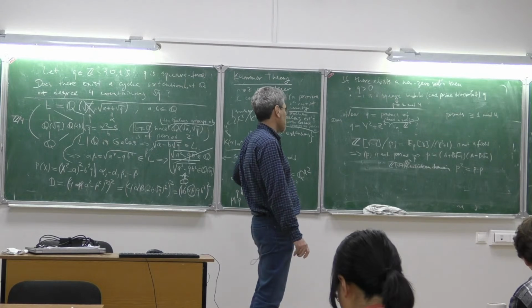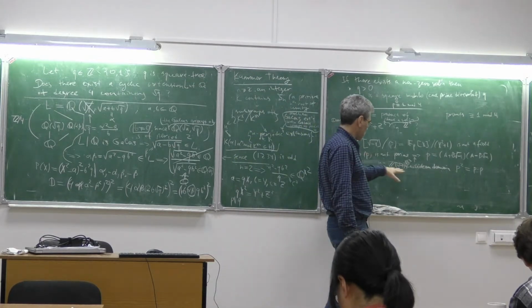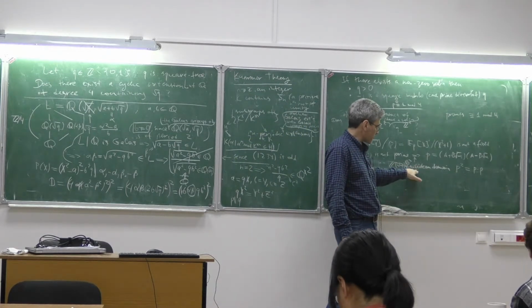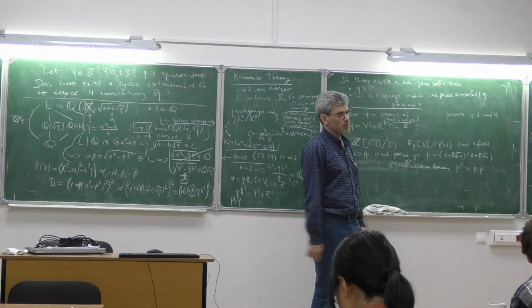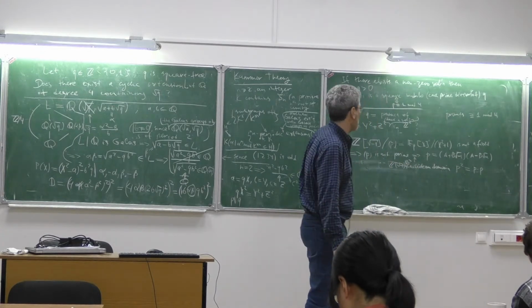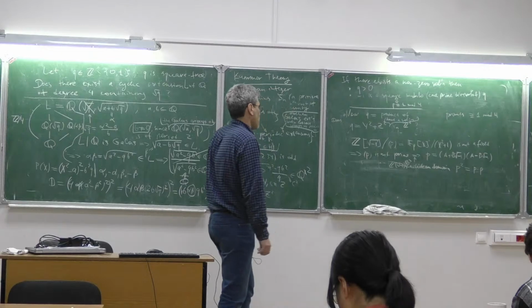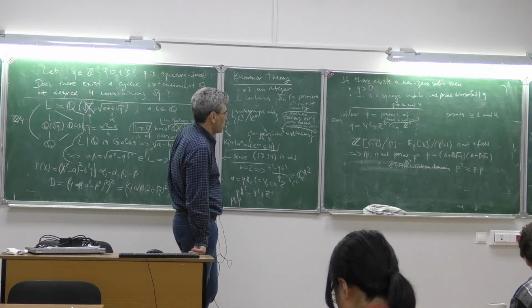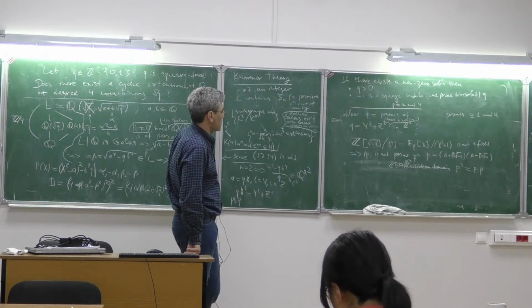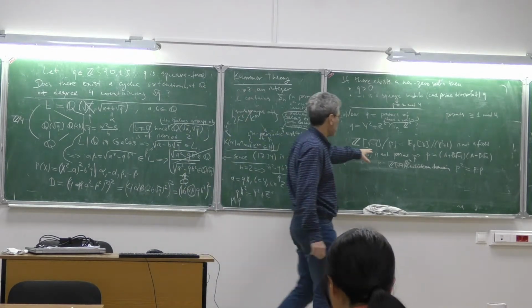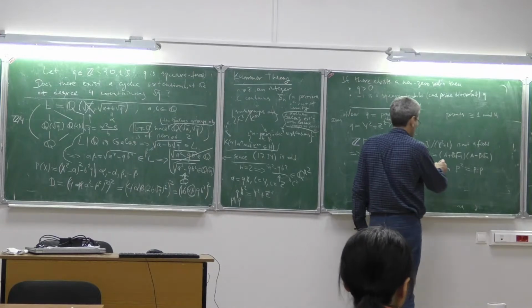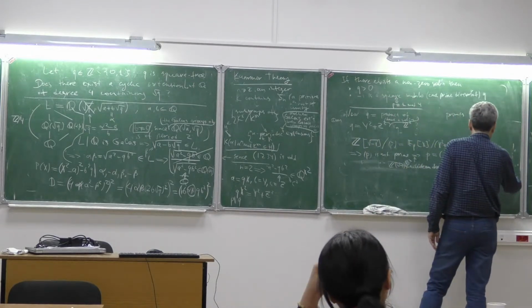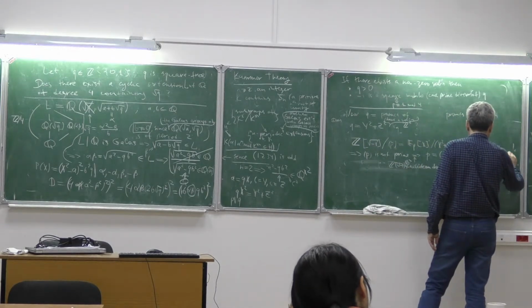But it is evident that it is a Euclidean domain, and therefore it is a unique factorization domain. So this is how we get that it is just a squared plus b squared.